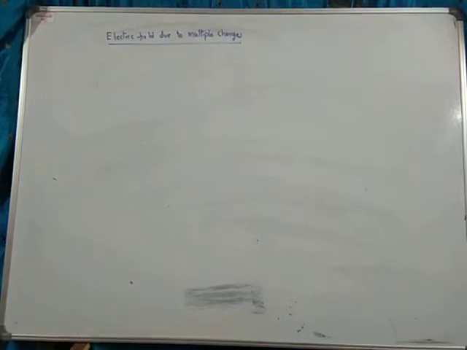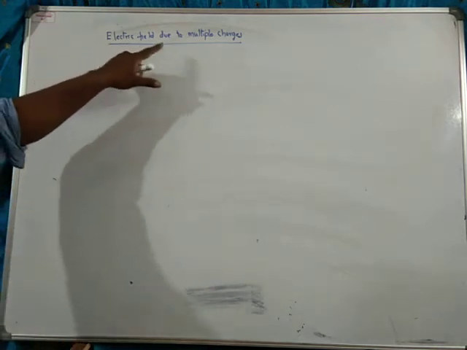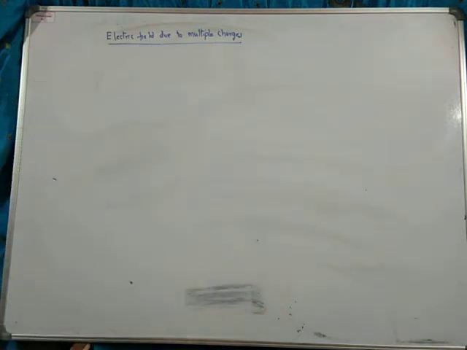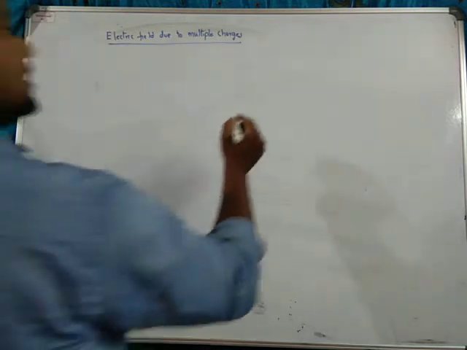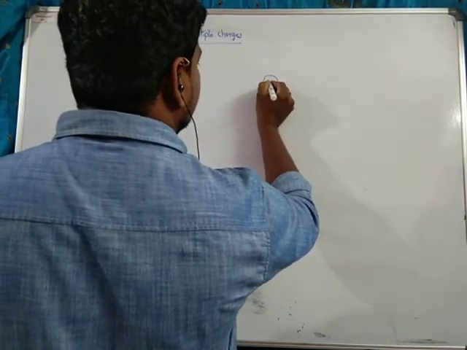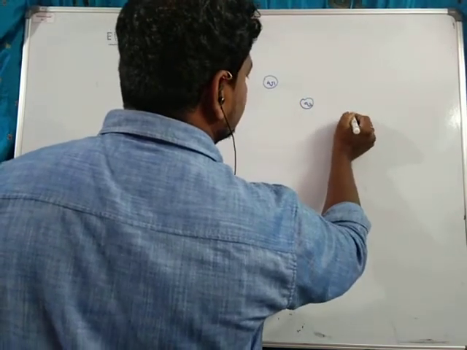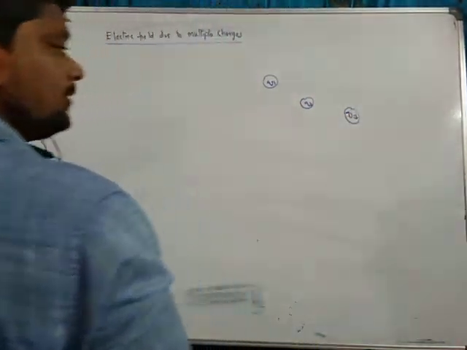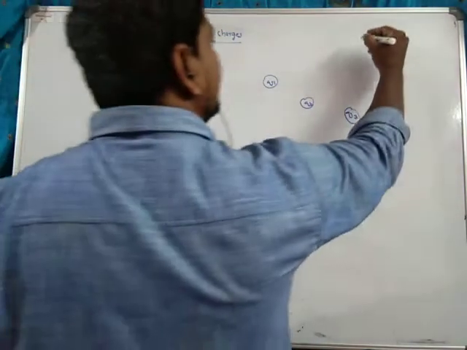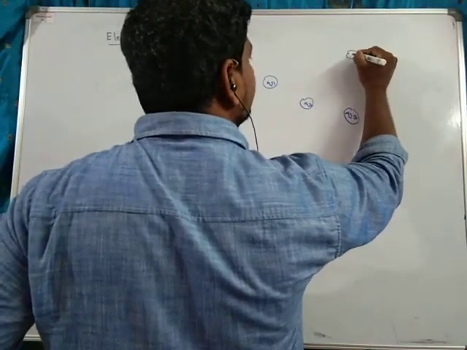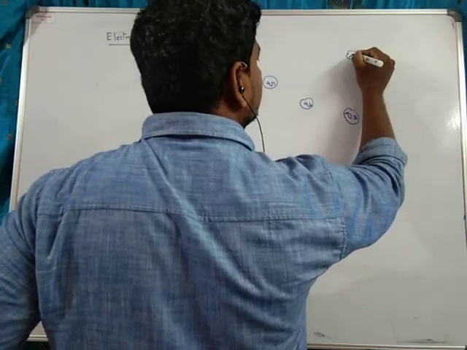So next, now we have discussed electric field due to a point charge for a single source. Now we will define electric field due to multiple charges. Multiple charges means, suppose here we have charge Q1, charge Q2, charge Q3. So we have three charges. Somewhere we consider a point, which we represent with P, and it is positive.